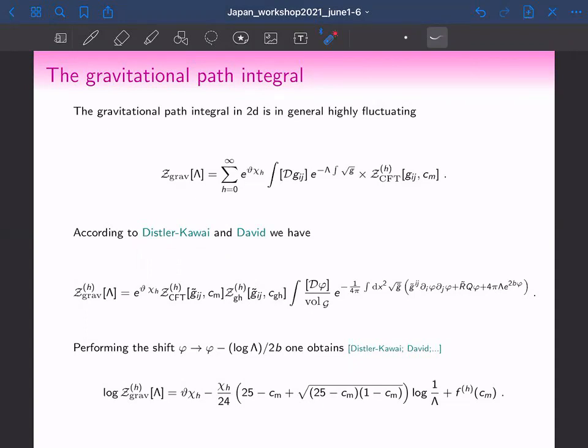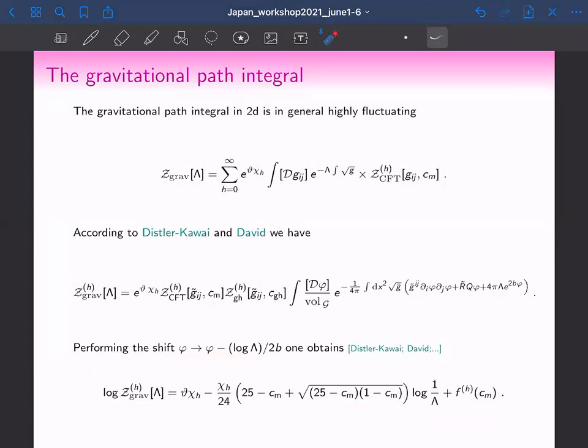If you still perform this same shift, shifting the Weyl mode phi in the following way, then the log of this gravitational path integral for arbitrary genus H, you can always find in the following way. For example, in this coefficient over here, if you plug in kh equal to 2, so if you are on a sphere, and then you take the central charge, for example, minus 22/5, you're going to recover the 7/2.